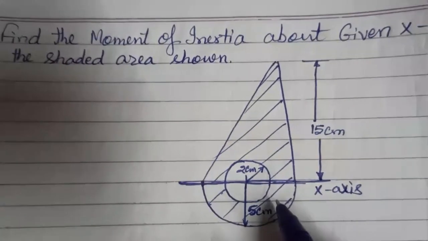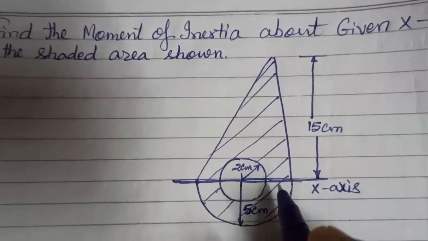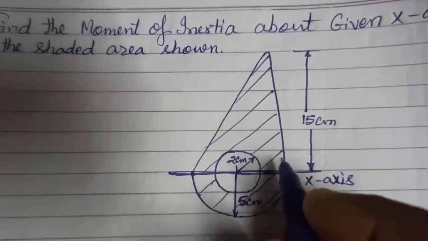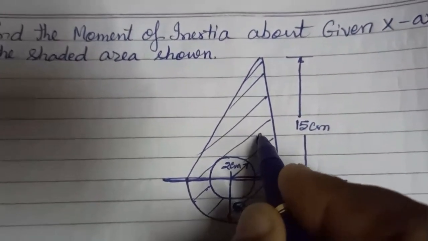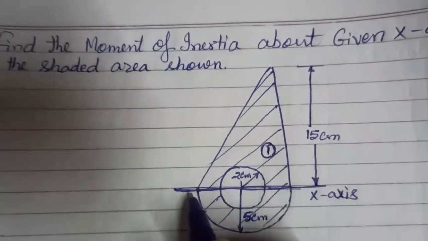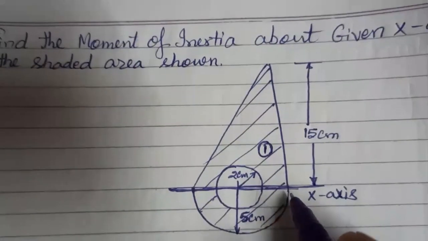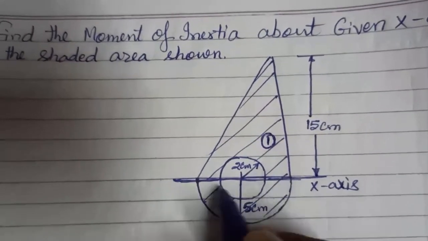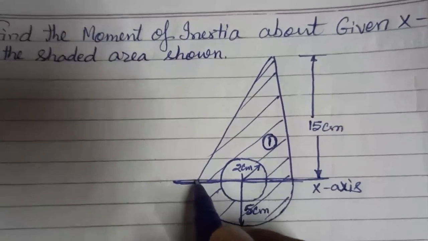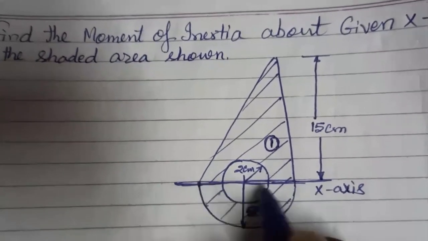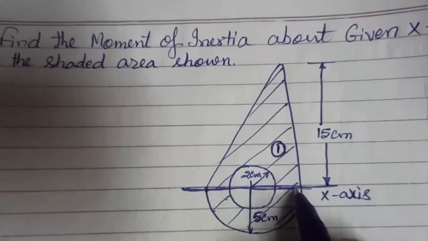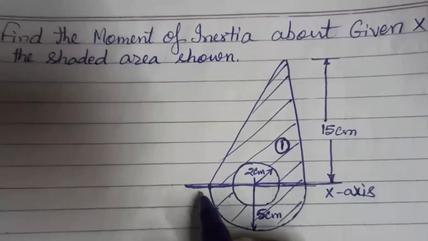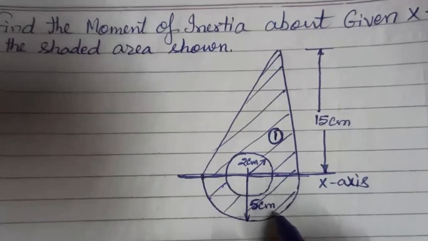This figure is made up of three figures. One is this right angle triangle. For this triangle, the base is 5 into 2, so it is 10 centimeter. The base of the triangle is equal to the diameter of this semicircle, so the diameter is 10 centimeter.